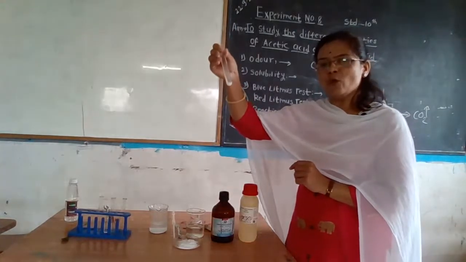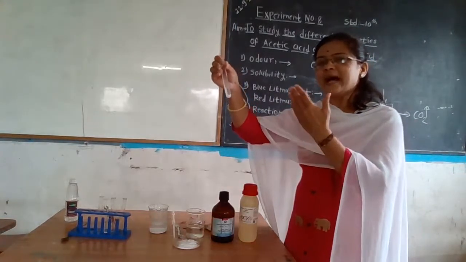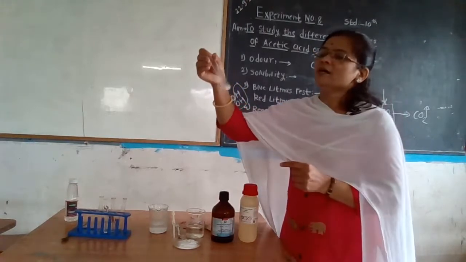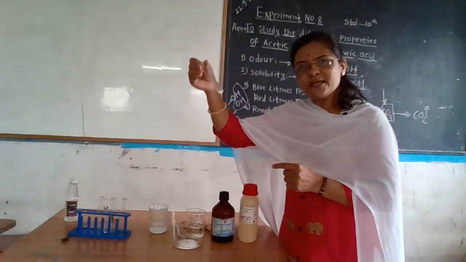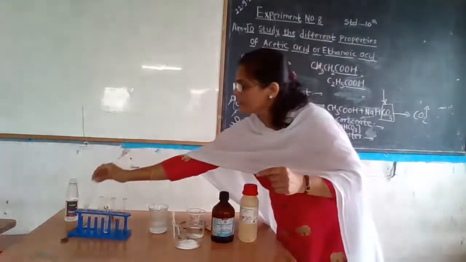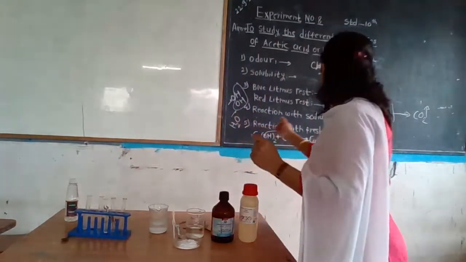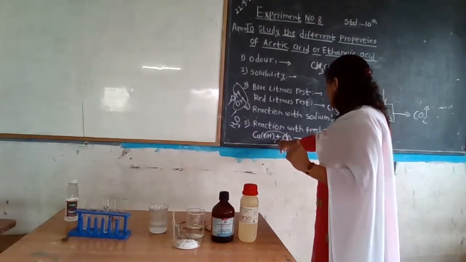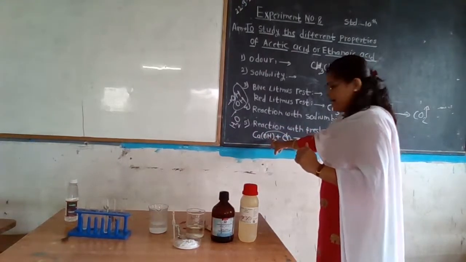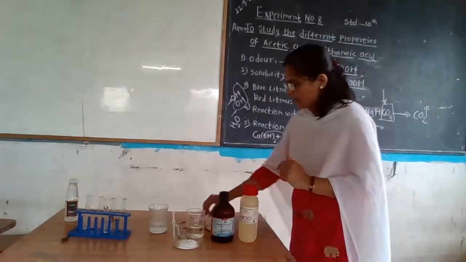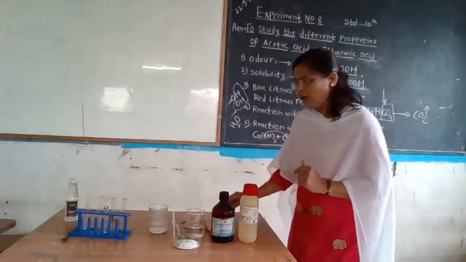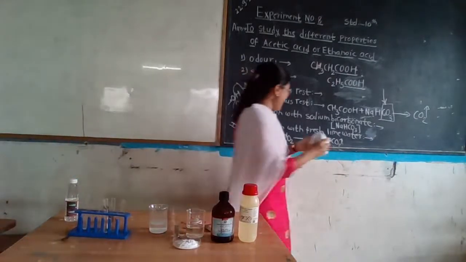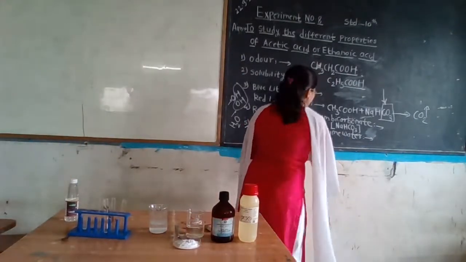That's why we conclude that whenever there is a reaction with carbon dioxide, calcium carbonate is formed, and students, we can conclude that acetic acid is a weak acid.